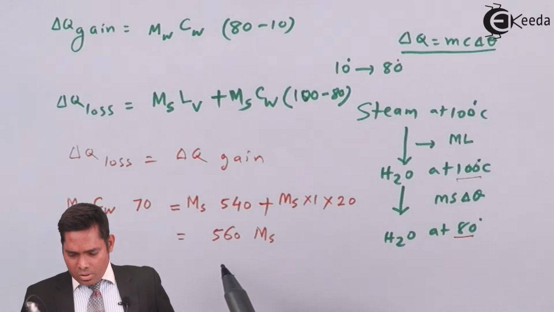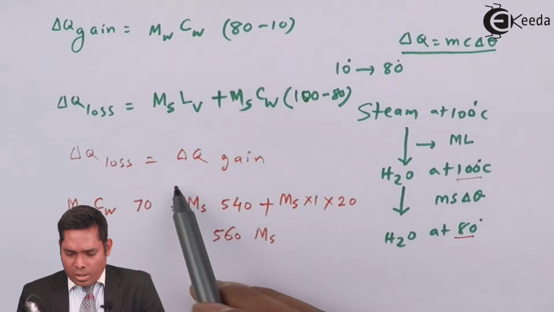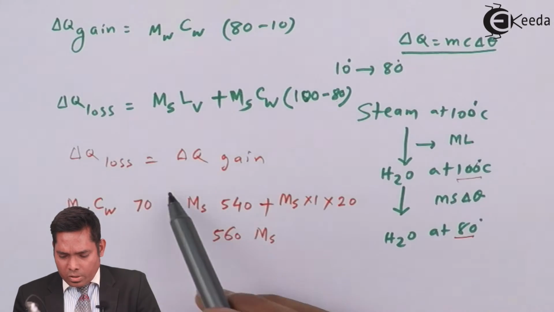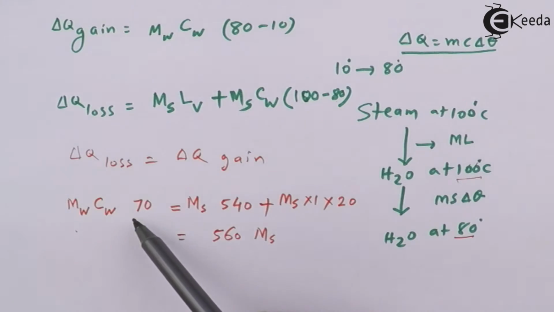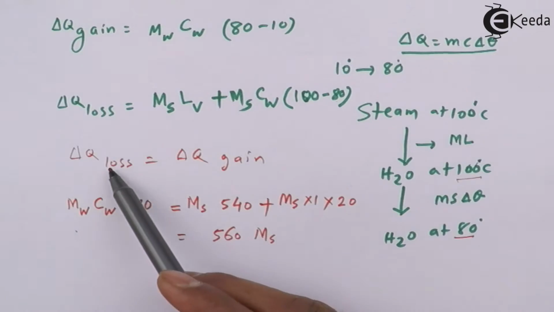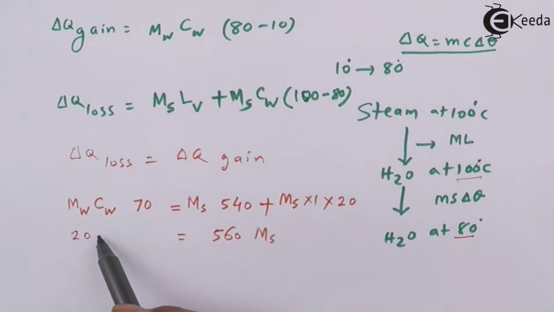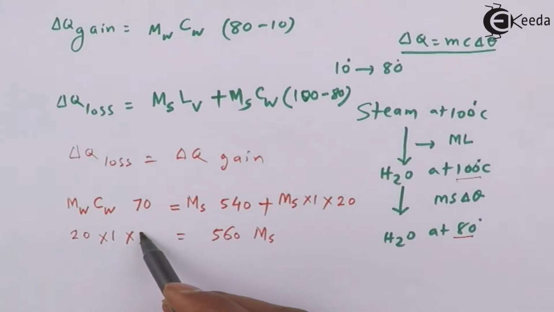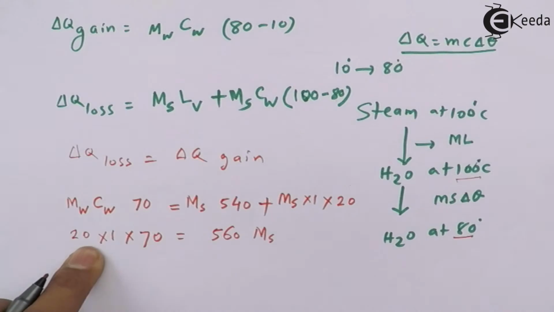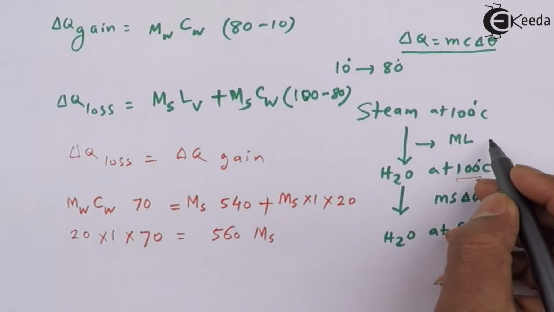Actually this is the heat loss, I've just written it the opposite way. Heat loss is because of the steam, and heat gain is only by water. The mass of water was earlier 20, into the specific heat of water, into 70, because water keeps gaining heat and steam keeps losing heat.